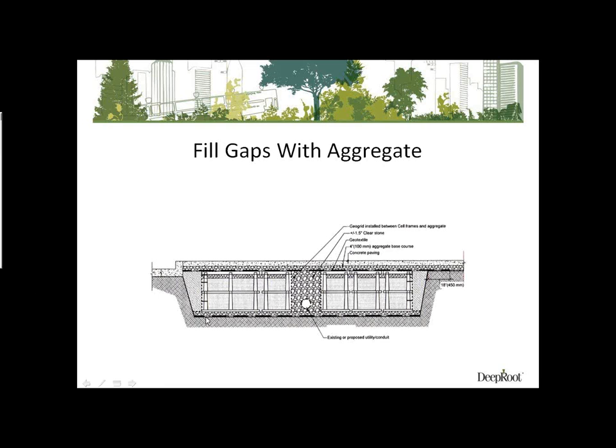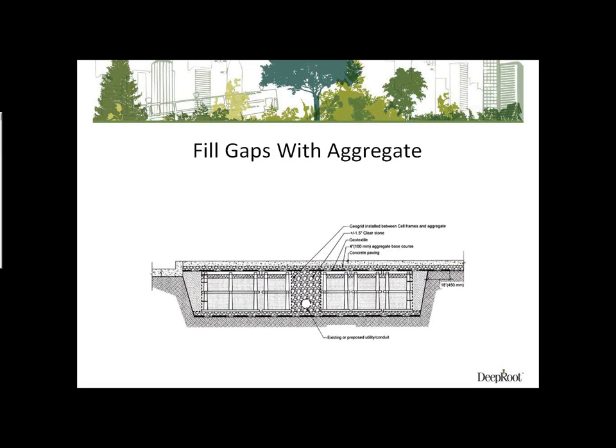And so we run the Silva Cell frames up as close to the utility as possible, then isolate the open area with GeoGrid and fill that void with a clear stone product, something around a 1-inch clear rock. The idea is to build a stone column to support your pavement, and the voids between the rock will allow the roots of the trees to migrate back and forth between the 2 soil volumes that you've separated.